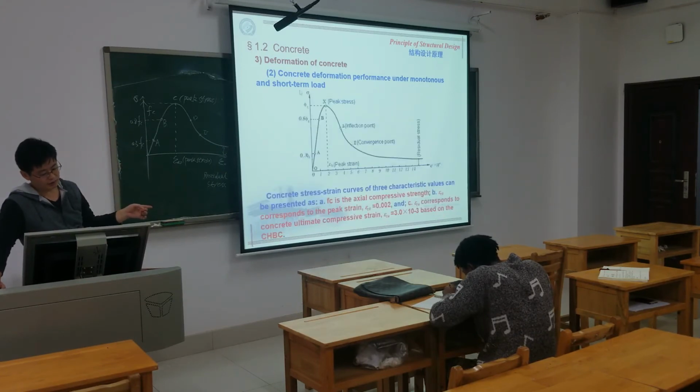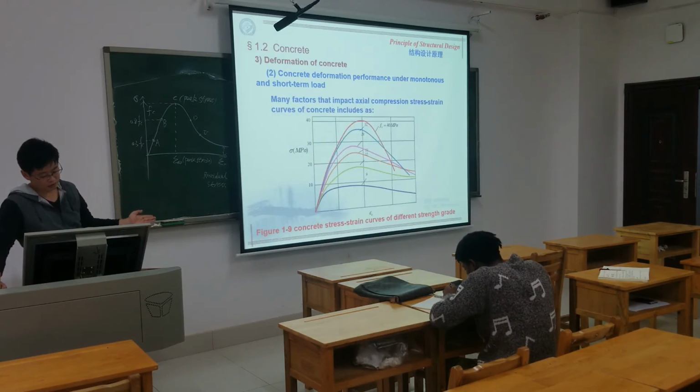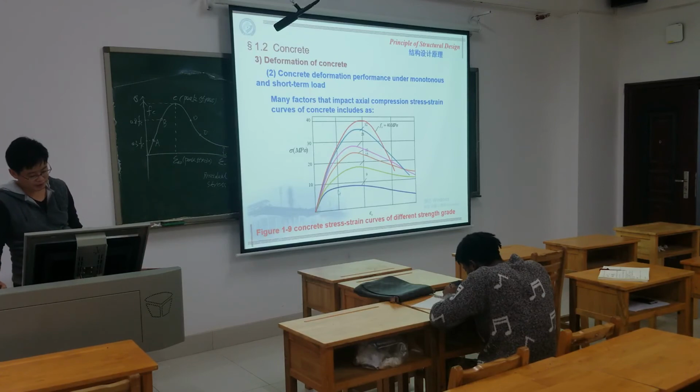Then the stress and strain curves are different. We see in this picture, especially the descending part. For the ascending part, it's similar, the change is a little bit different. But for the descending part, it changes a lot.